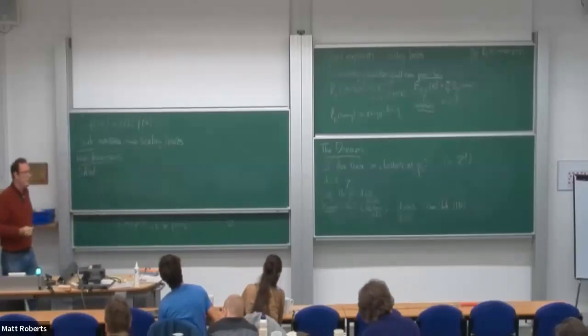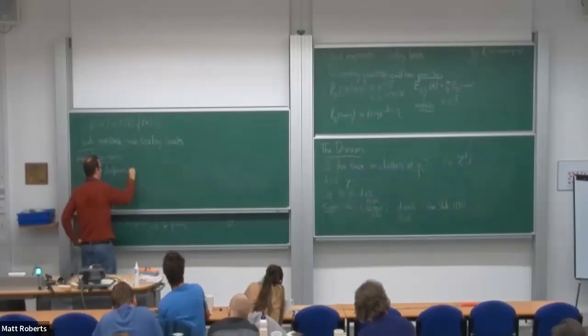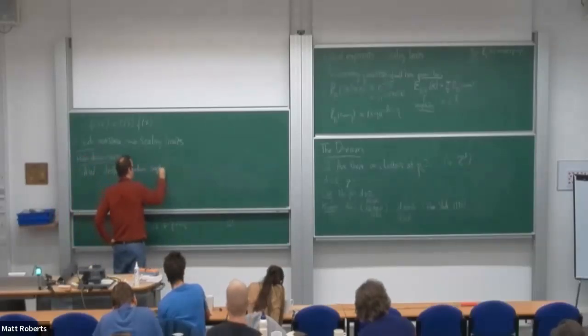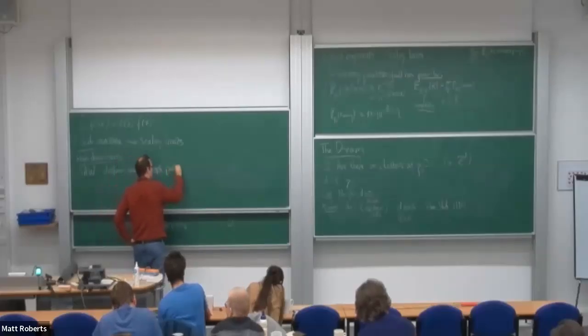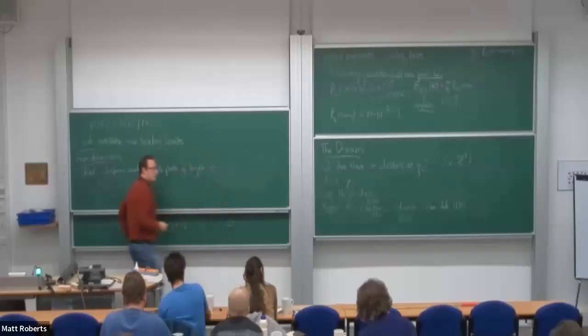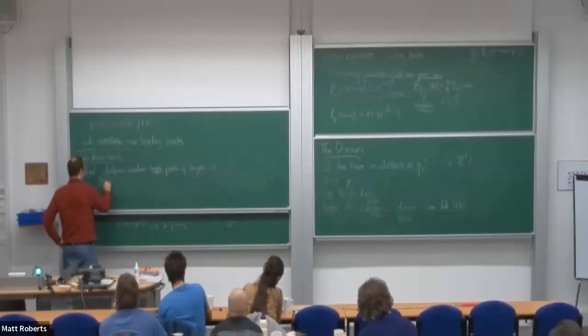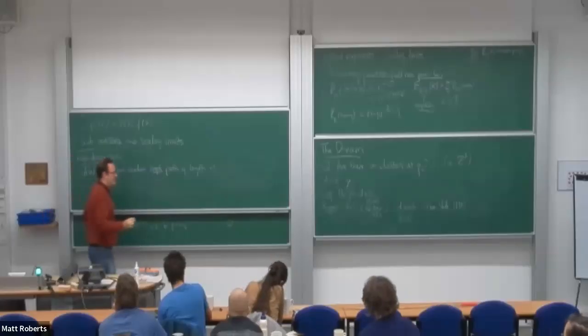Okay, so what is self-avoiding walk? You take a uniform random simple path of length n. Equivalently, this is on Z^d, let's say.